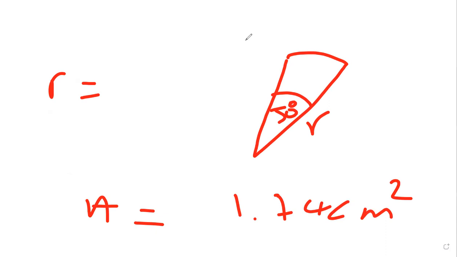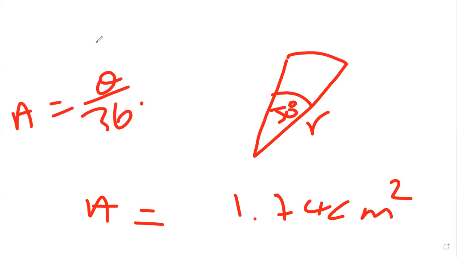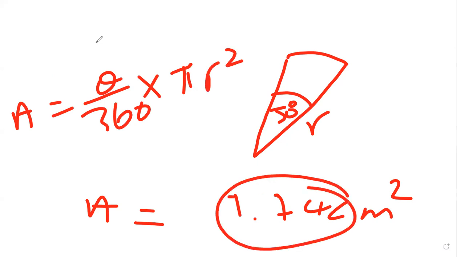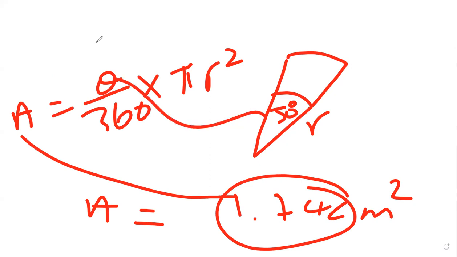Very easy. Now, all we need to do is write down our formula. What's the formula to find the area of a sector? The area is equal to theta divided by 360 times pi r squared. All I need to do is take my values and plug them where they're supposed to go. But r is going to be unknown because we don't know what that is. So let's go ahead and do it.